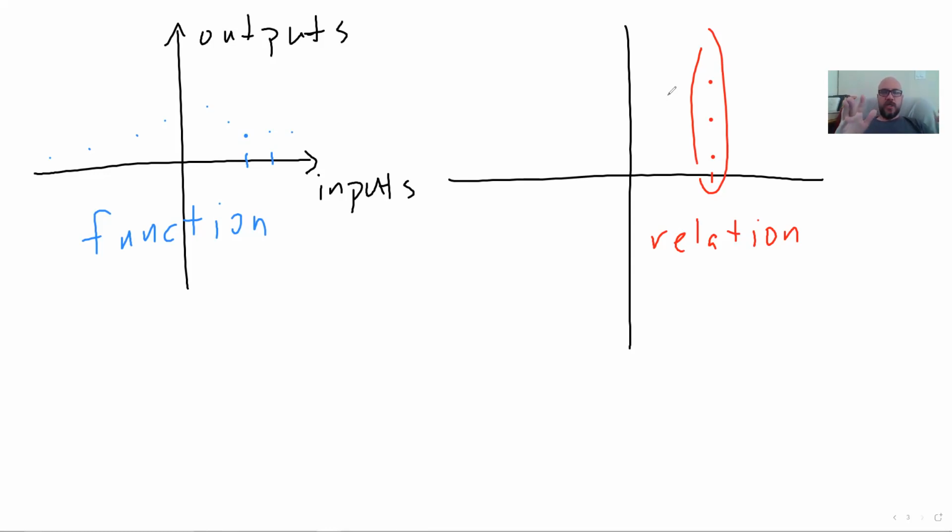So we want things that are consistent, where we put in something and we get out the same thing every time. So let me give you a couple of examples of functions versus relations.